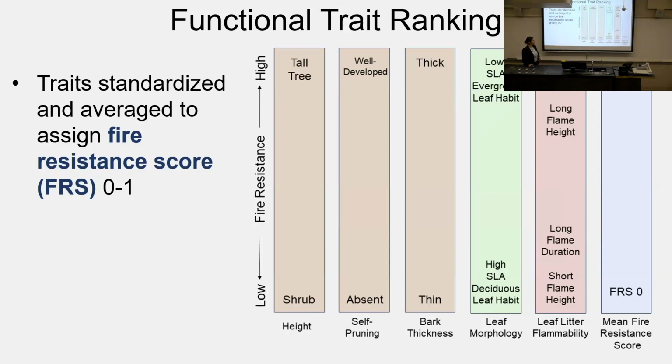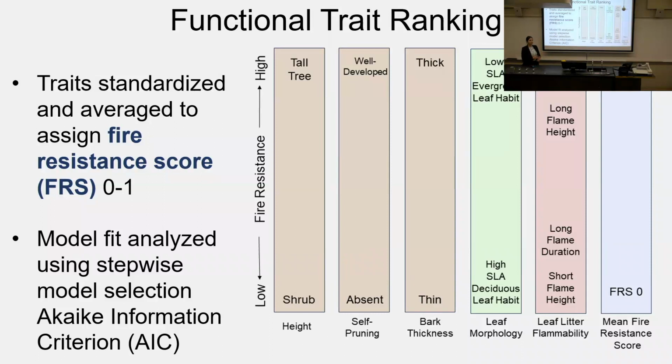So we used height, self-pruning, and bark thickness scores, we combined our leaf morphology traits into one score, and averaged that. And then we found that our flammability data, the flame height and duration, was highly correlated. So we used a principal component analysis to combine that and use that as our one score to then average out those 5 traits.